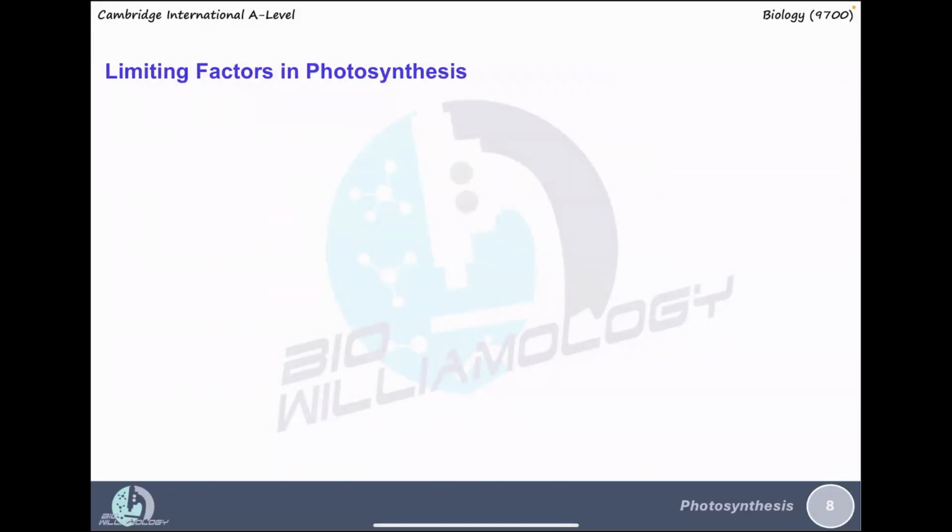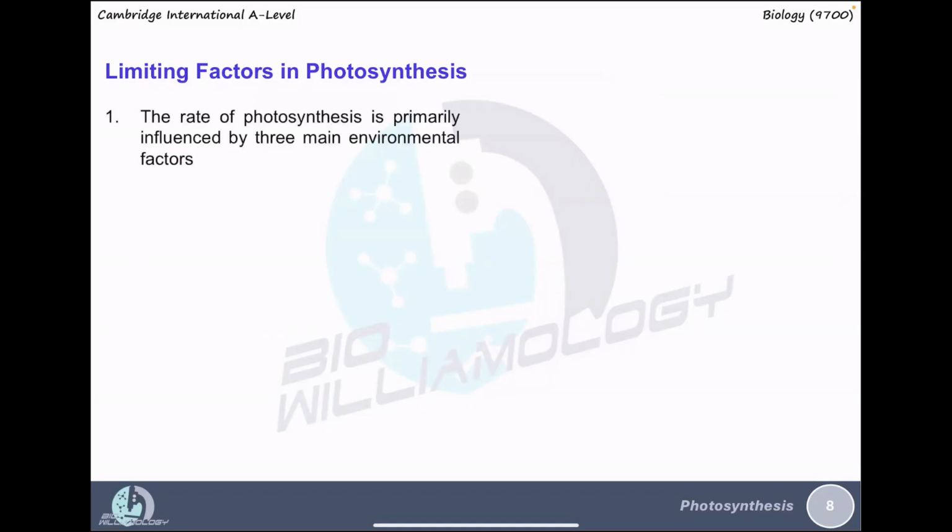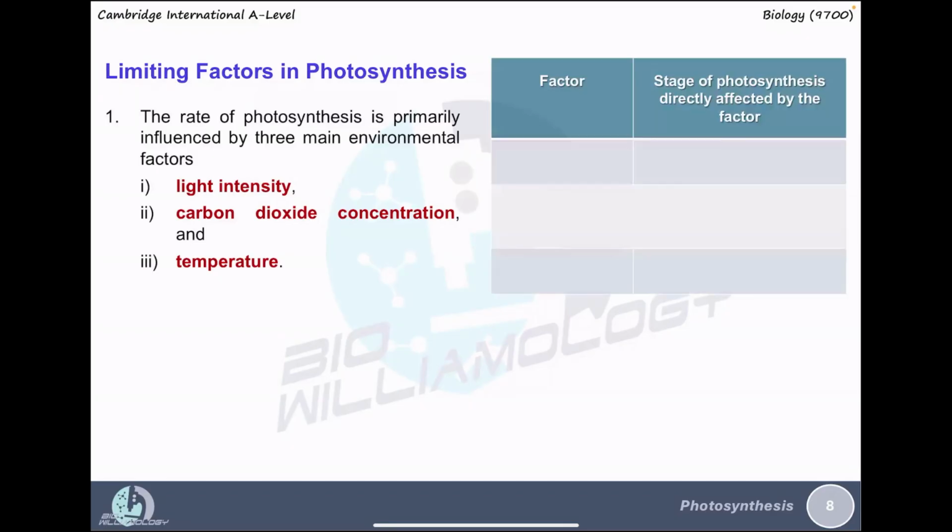So what are the limiting factors in photosynthesis? The rate of photosynthesis is primarily influenced by three main environmental factors: light intensity, carbon dioxide concentration, and temperature. How do these factors affect the stages of photosynthesis directly?